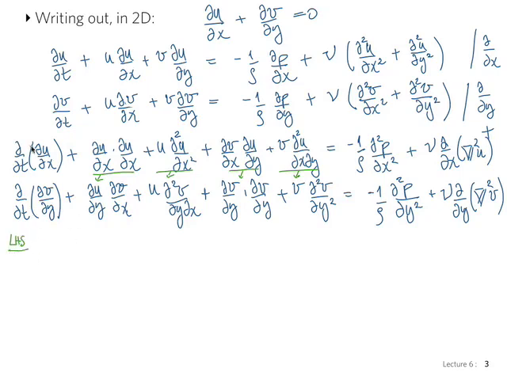The left-hand side terms are: we have d/dt of du/dx plus dv/dy, and these two terms, plus I have du/dx squared. Let me write it in a shorter way since I don't have that much space, plus du/dy dv/dx.